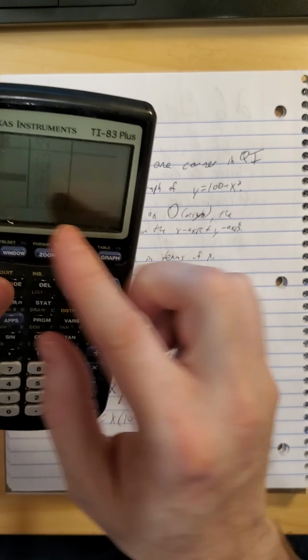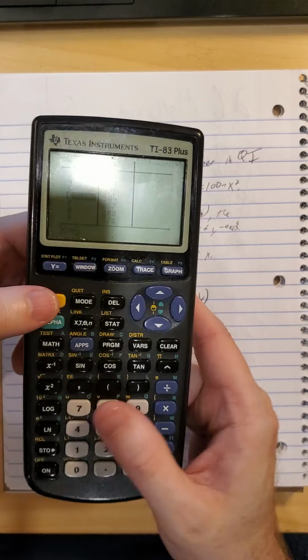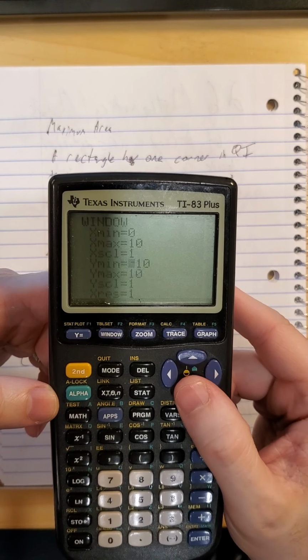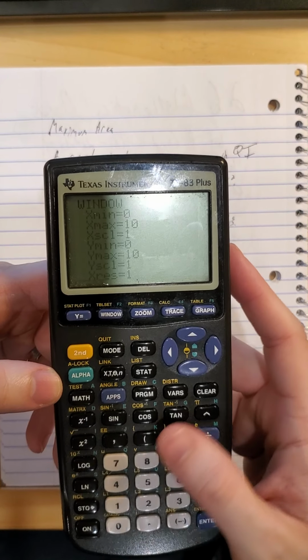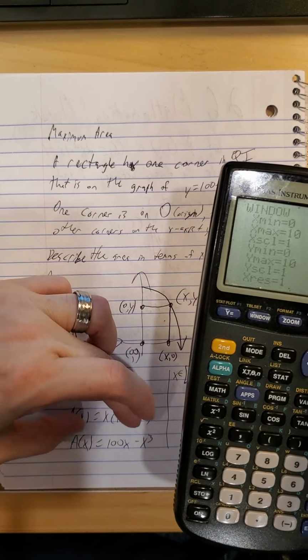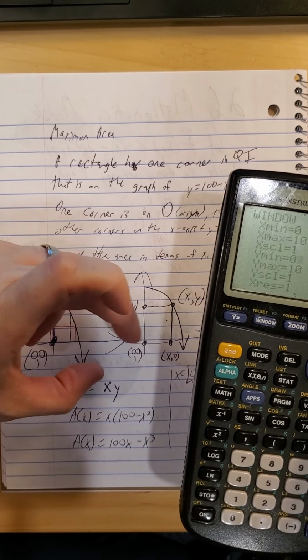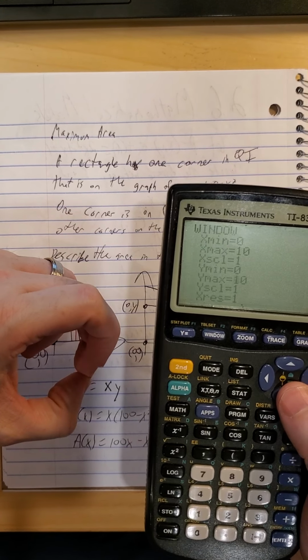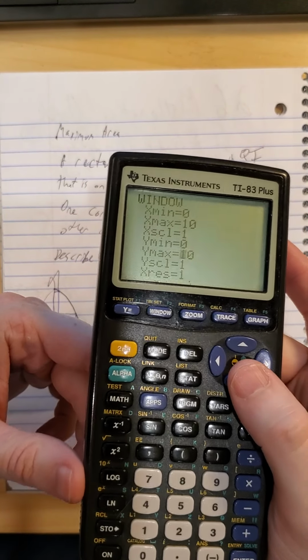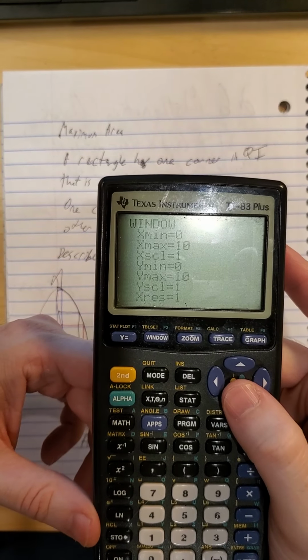We're not guaranteed that a nice, neat, pretty integer is our max. So when we're setting up our window, Y min 0, and that should make sense also, just what we're talking about physically. The minimum an area can be is 0, no square footage. It can't be a negative amount of square feet.